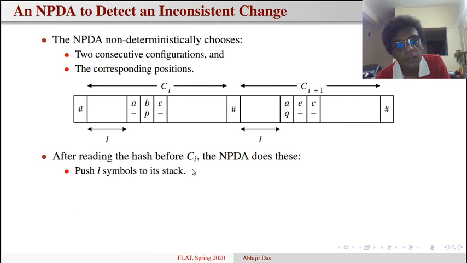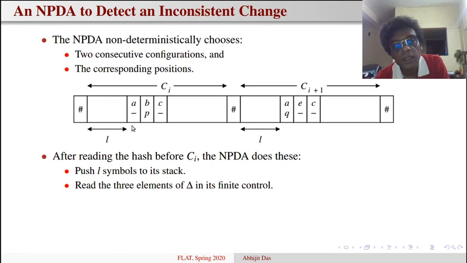Then there is a finite amount of information written in the next 3 cells, so store that in the finite control of the NPDA, to read the next 3 elements of delta. And then you simply skip this part, do nothing on the stack, skip the rest of Ci and the next hash.